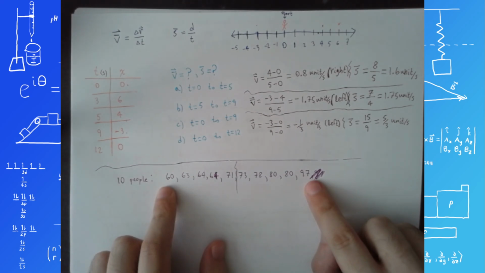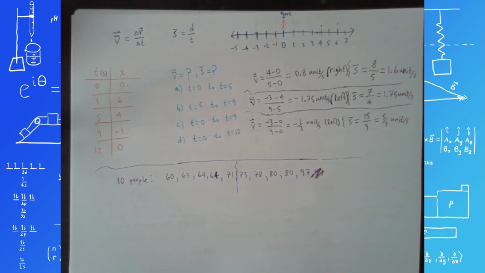And is it going to be closer to the 60 or closer to the 97, do you think? I would argue, just at a glance, that it's going to be closer to 60 because there's more people towards the lower end of this score distribution. There are more contributions to the lower scores than there are to the higher scores.